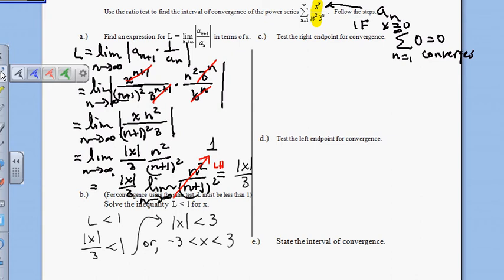So now we have an interval to work with. Now I'm just going to point out that the 3 here is the right endpoint of our interval, and the negative 3 is the left endpoint.